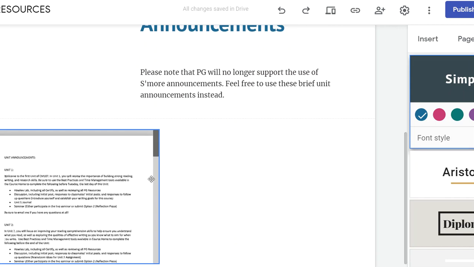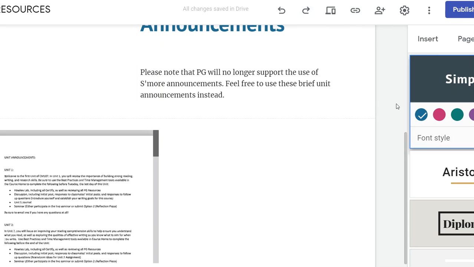So you're going to see right here, if you download from the website, and we'll email this to you anyway, there's just a brief list of announcements here that are only about 4 sentences and some bullets that announce the unit and that you can personalize, but we want to keep them brief so that they fit into a screen and so that students who are using tablets and phones can use them and not be, I guess, overwhelmed by those beautiful images that we like in the s'more, right? But it is what it is.